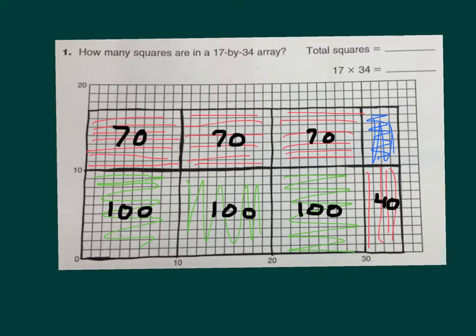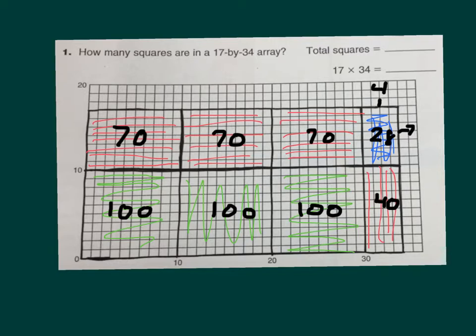Now I need to decide, how many ones do I have? When I think about my array, I have 1, 2, 3, 4, 5, 6, 7 going up, and I have 4 across. So 4 times 7 gets me a total of 28.